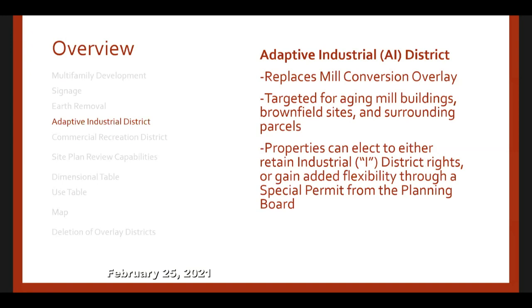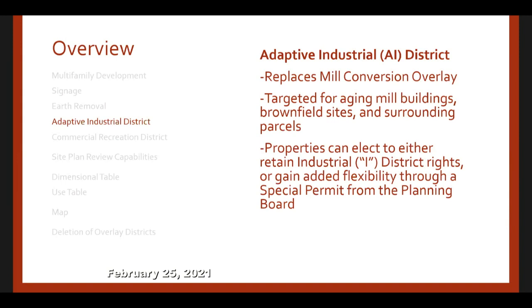It was a really useful tool, because it provided flexibility for developers, particularly in aging mill buildings, to do things above and beyond sort of traditional industrial activities. But it also gave them the flexibility to continue to develop industrially if the market called for it.